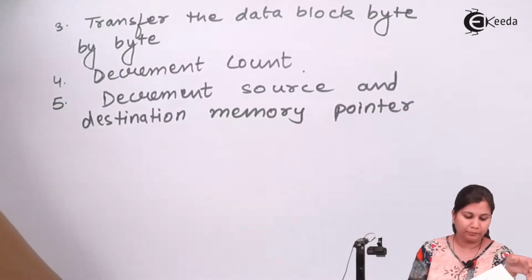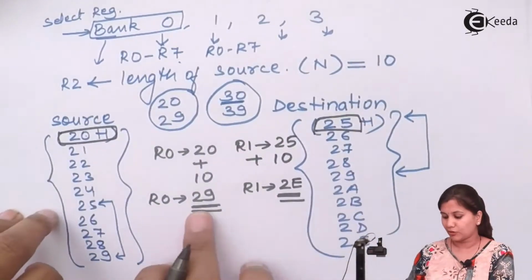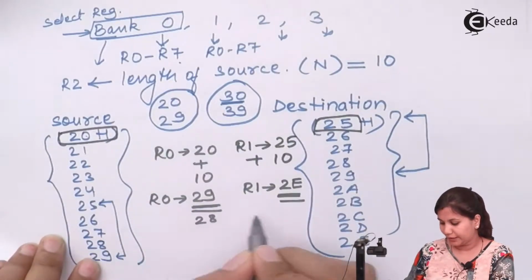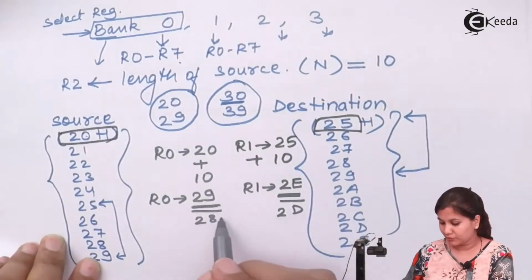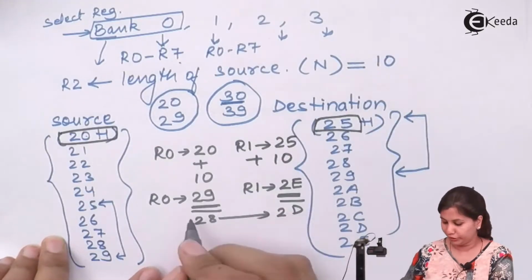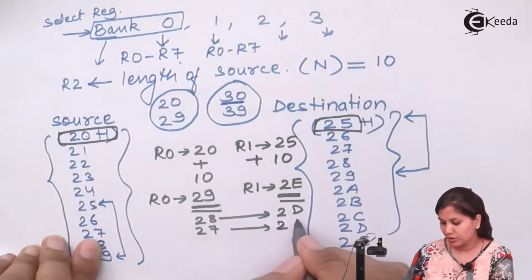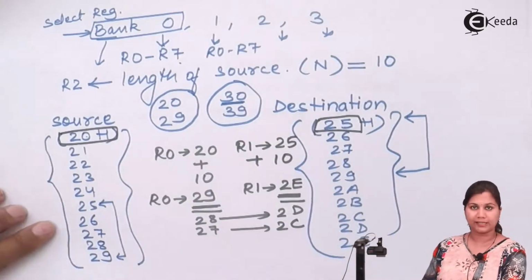Because they were initialized at the addresses of the last element, now they will be 28 and 2D. Now the number which is at 28 will come at 2D. The number which is at 27 will now come at 2C. In this way the transfer is taking place.